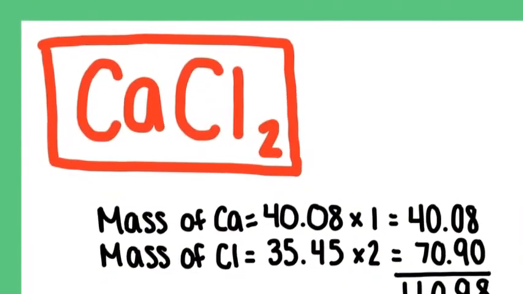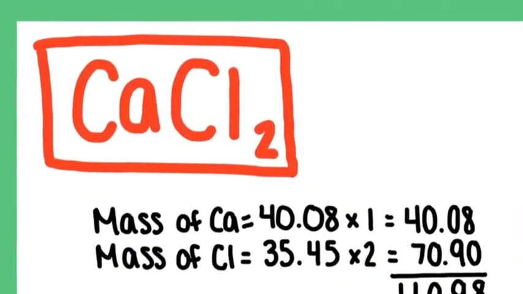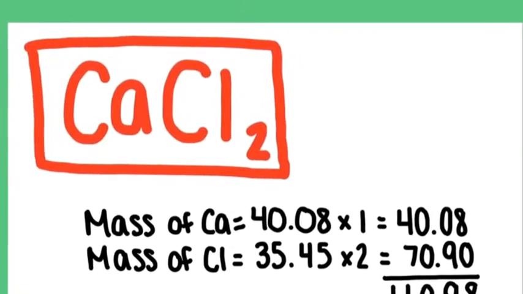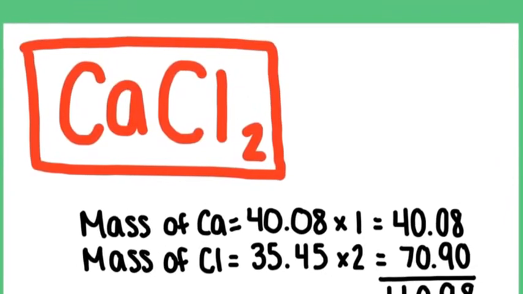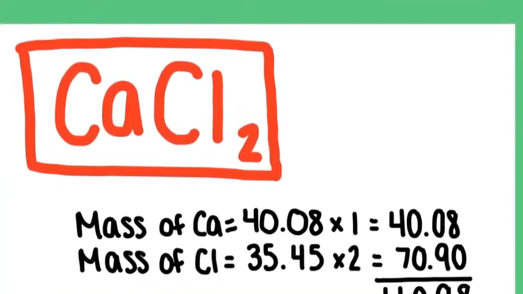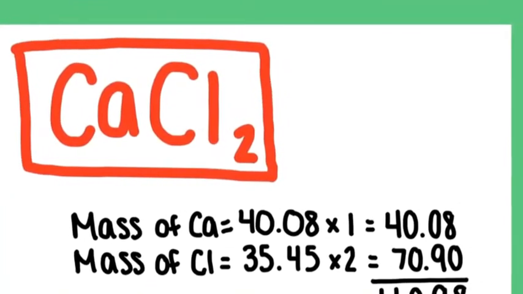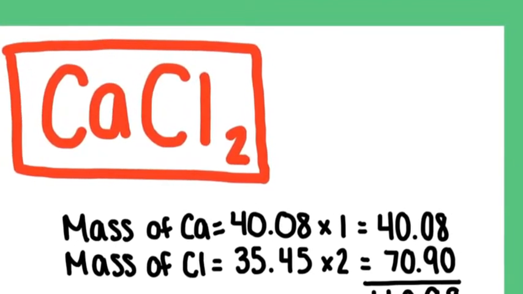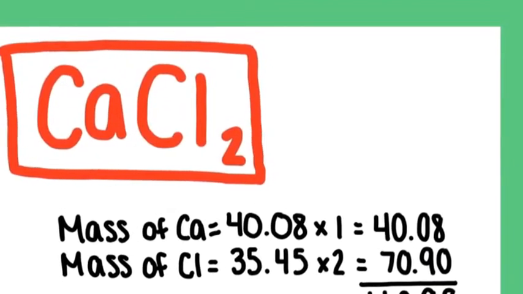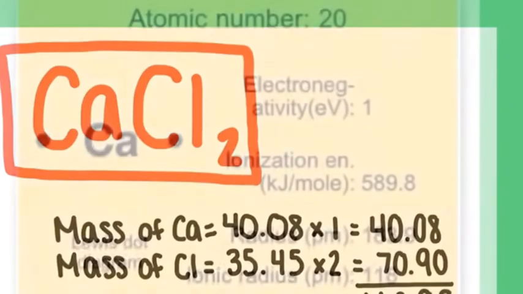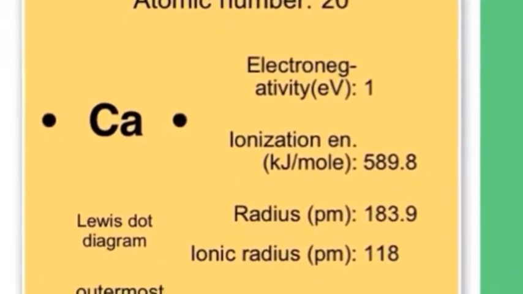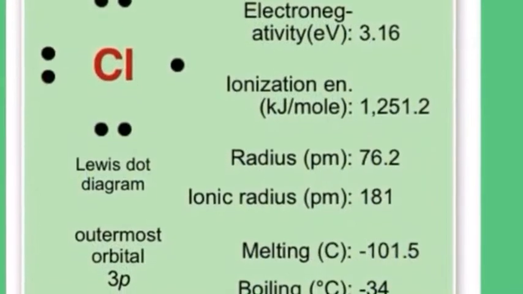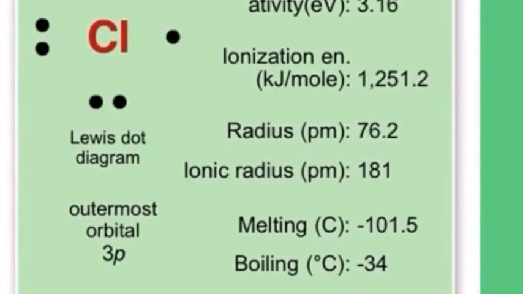To calculate the molar mass for a compound, you must first know the formula and calculate the molar mass for each individual element in the compound. For example, we have calcium chloride, which is CaCl2. From looking at the formula, we know that there is 1 calcium and 2 chlorines. Then we look at the periodic table and see that the mass of calcium is 40.08 and the mass of chlorine is 35.45.